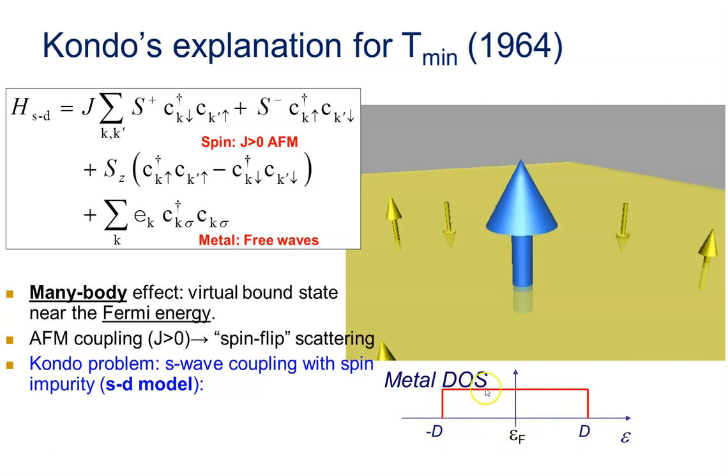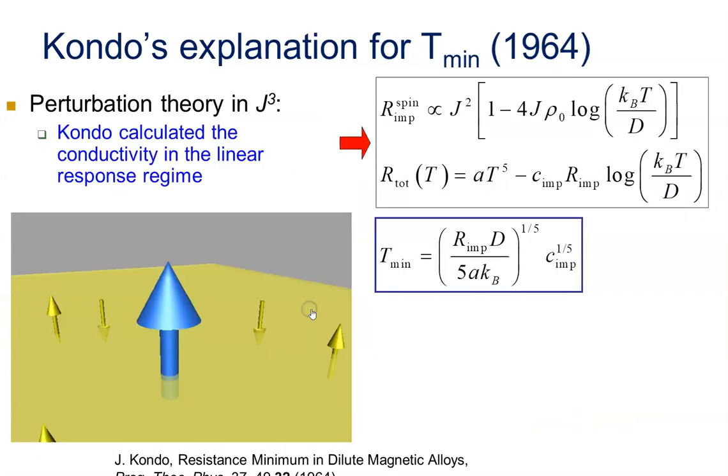So this is the density of states, rho 0, which is the same independently of the energy, and the half bandwidth of the band is D. If you measure this from 0 to the Fermi energy, this would be of the order of electron volts. So there's this log dependence of the temperature divided by D, which is the largest energy scale in the problem.